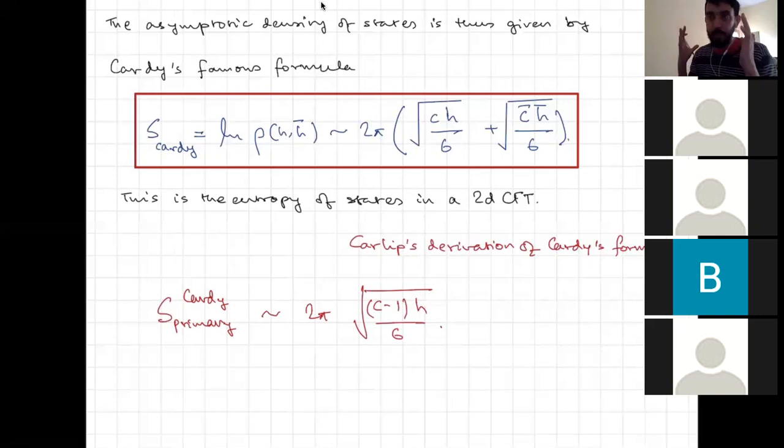The principal part of the entropy, in this particular formula, the main contribution comes not from all the descendants, but from the primary fields. It's not clearly understood why this is the case.